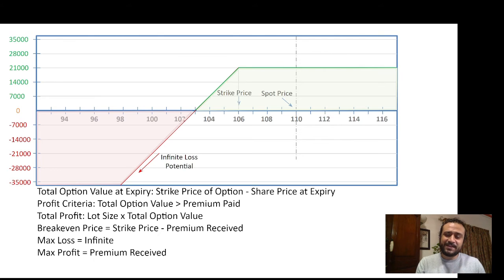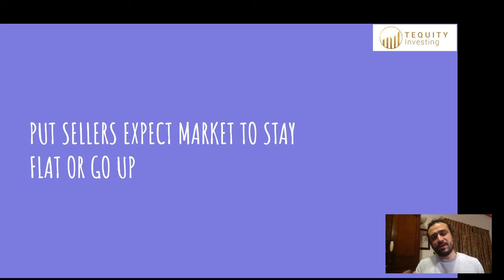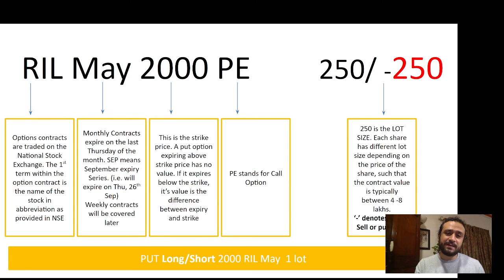So in the case of an option seller, he doesn't want the price to fall below the break-even point, right? Because in that case he starts making a loss, and anything above 106 at expiry, full money is being made by the option seller. Hope this is clear. So sellers expect the market to stay flat or to go up.